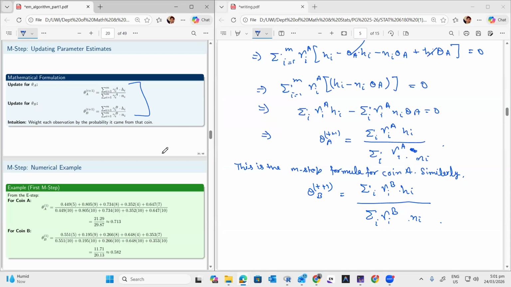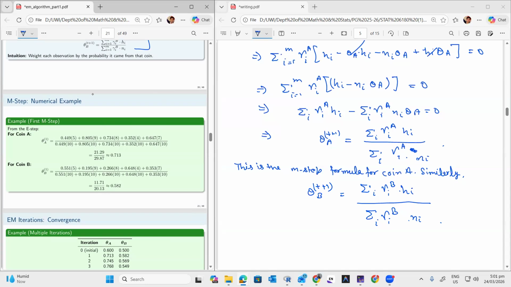Okay. So after that, what we will do? First, the M step numerical calculation. We are going to put the probability of success 0.449 that we got for the initial guess 0.6.